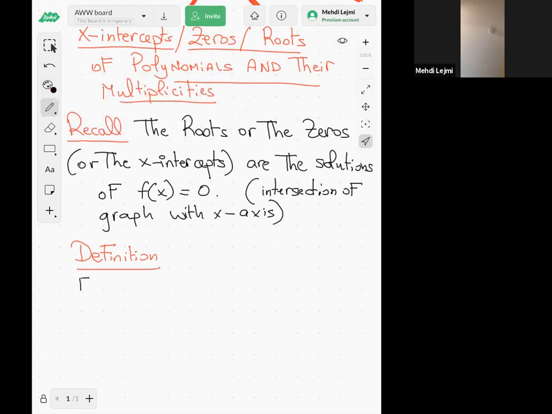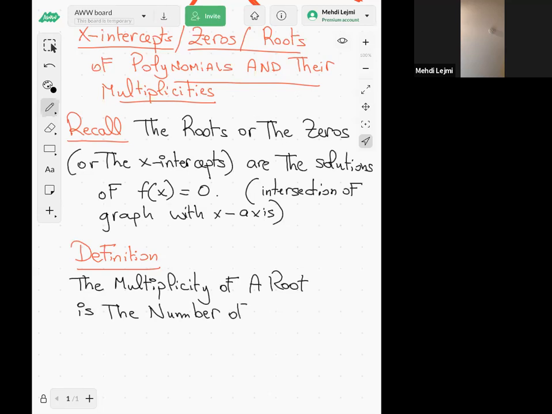The multiplicity of a root or x-intercept or zero is the number of times the zero or the root or the x-intercept is a solution of f of x equal to 0.